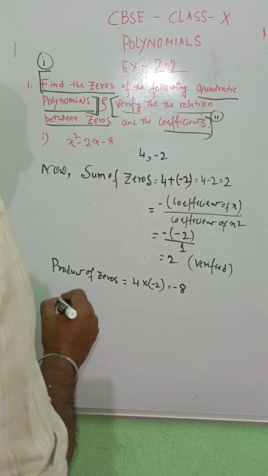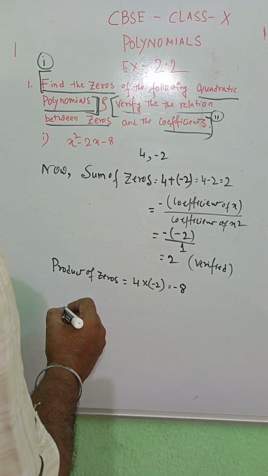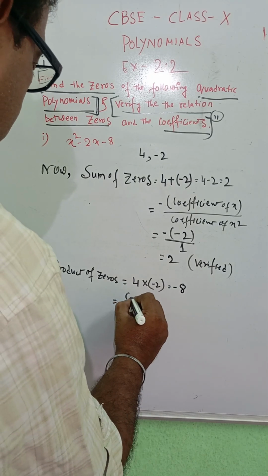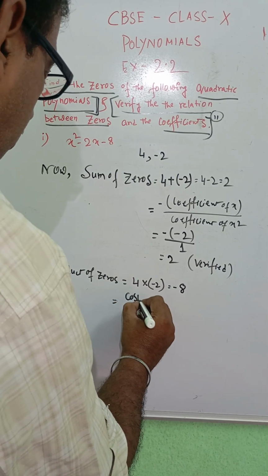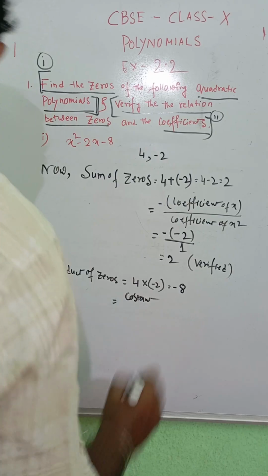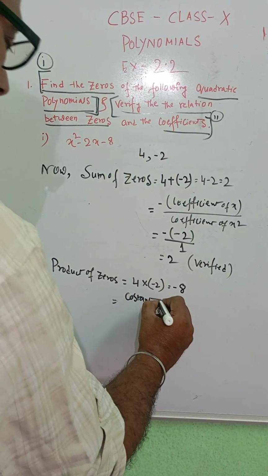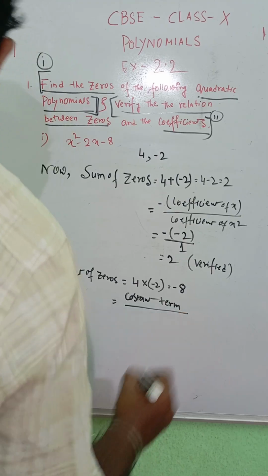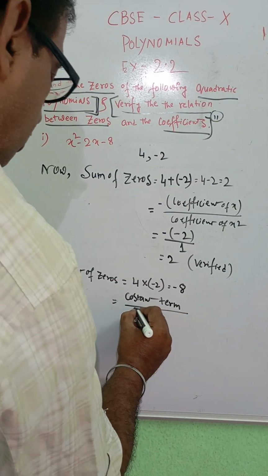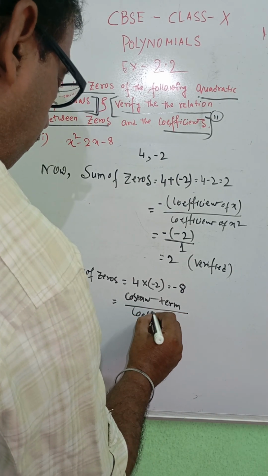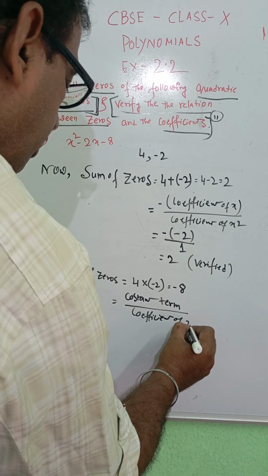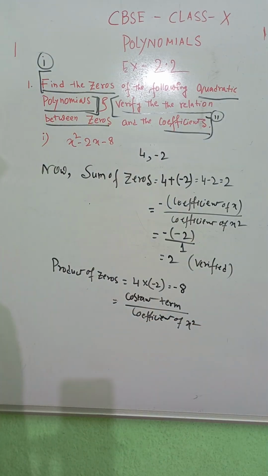Now we know that it is equal to constant term by coefficient of x square.